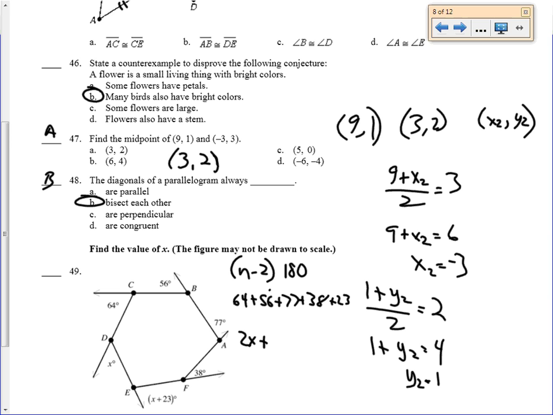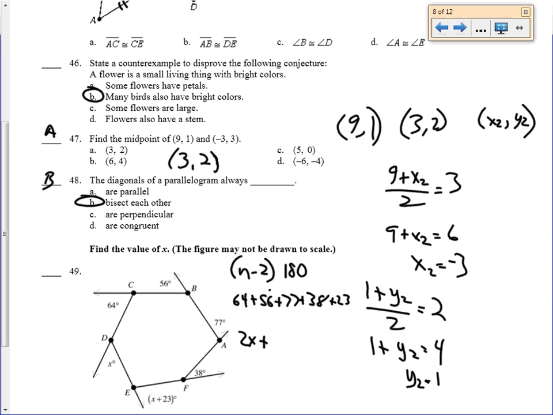I got a calculator handy real quick. 64 plus 56 plus 77. I got 258.